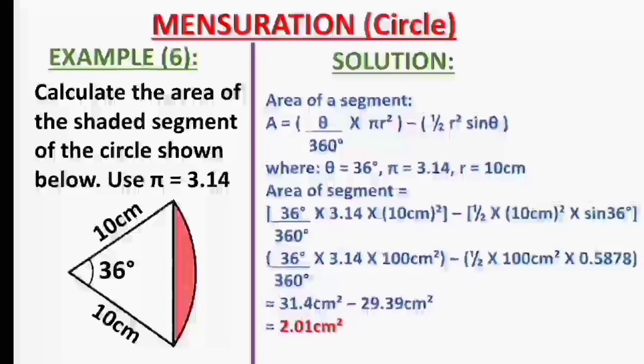In question 6, the angle theta is 36 degrees, pi is 3.14, and the radius of the circle is 10 centimeters. So once again, substitute these values into your formula for area of a segment and calculate correctly.